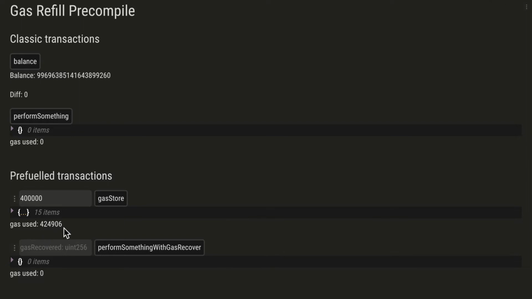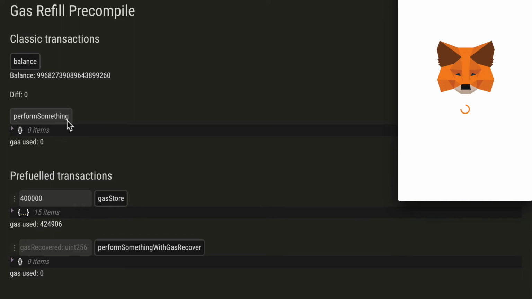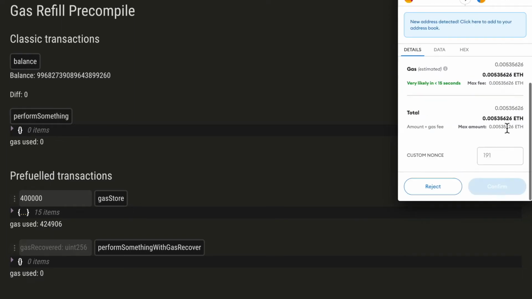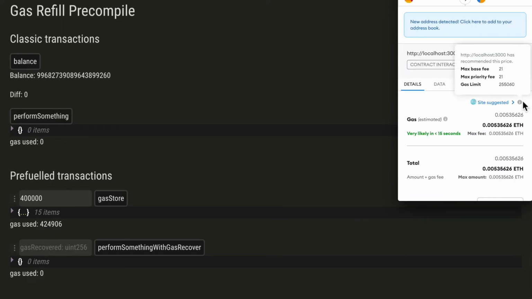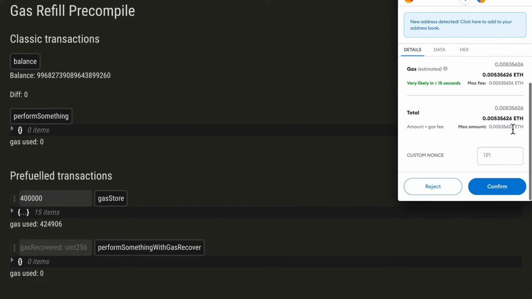Now let's see how much of our balance is used to execute this base perform something operation. If we click on this balance button, we get the current account balance here and then the difference between the current balance and the previous one in this diff. So let's click again and leave it on 0. Now let's make this transaction. And we are using again a gas price of 21 Gwei.